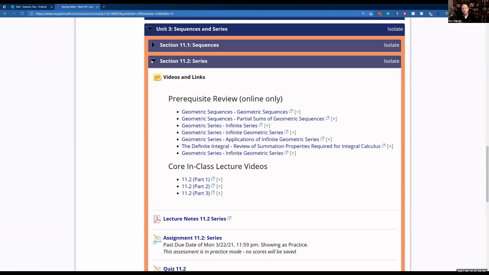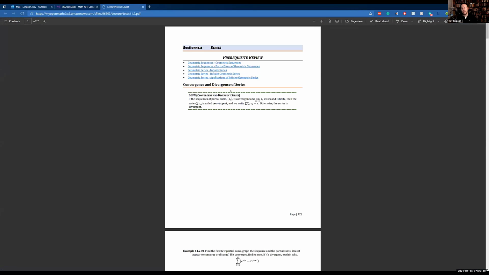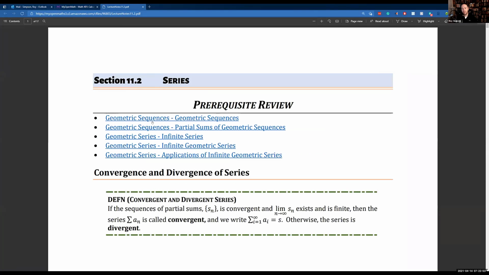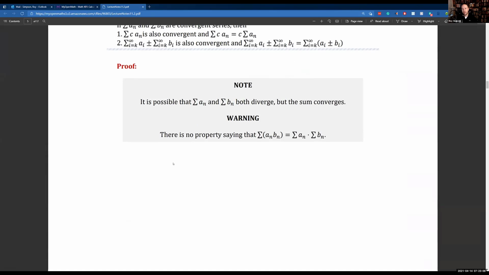So each section now has, I wonder if I uploaded. Yeah, okay. Here's what the new lecture notes look like. For example, in 11.2, the prerequisite information before even getting into the material is just to recall what geometric sequences and series are. And then you have the lecture notes themselves.